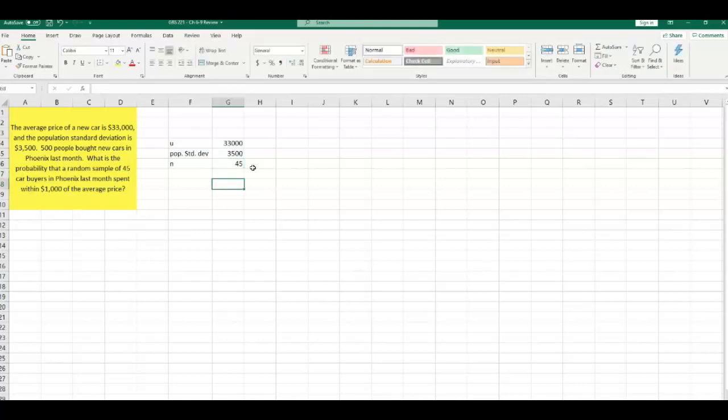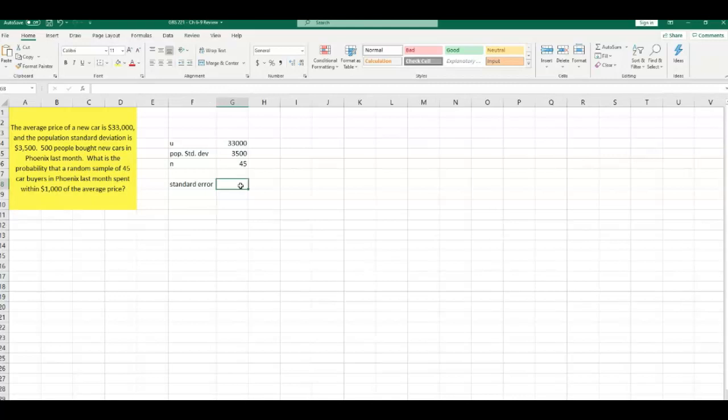Now, we're trying to figure out probabilities here, right? What's the probability that we're within $1,000 of the average price? In order to do that when we're doing the sampling distribution like this, we're going to need to know our standard error. So our standard error is going to be our standard deviation, this 3,500, divided by the square root of our sample size, right?